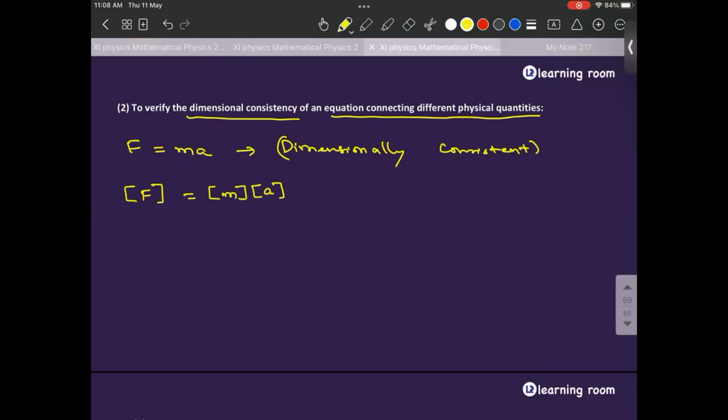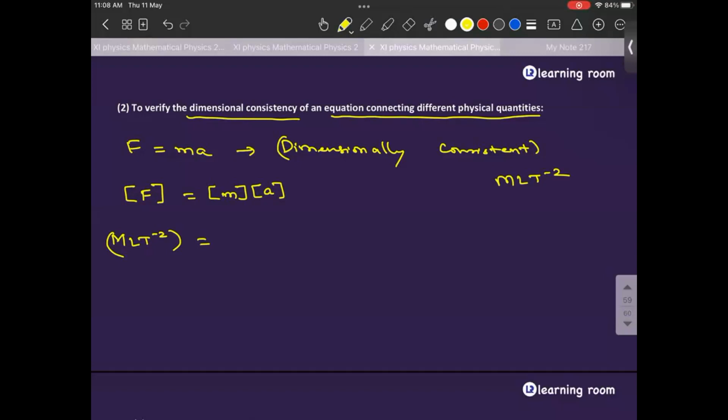So what is the dimensional formula of F? MLT minus 2. So LHS is MLT minus 2. Keep it aside. See, when you're writing MLT minus 2, you need not put that in square bracket. You can put it in normal bracket also. Whenever you put a square bracket around a physical quantity, you're trying to call it the dimensional formula of that physical quantity.